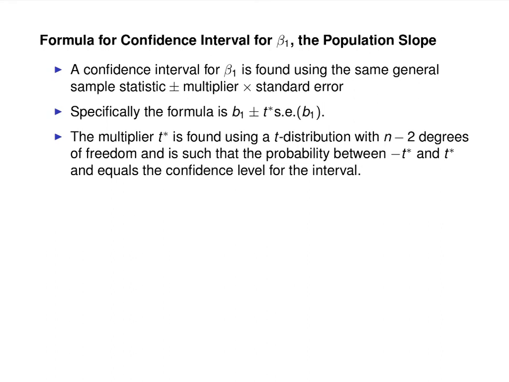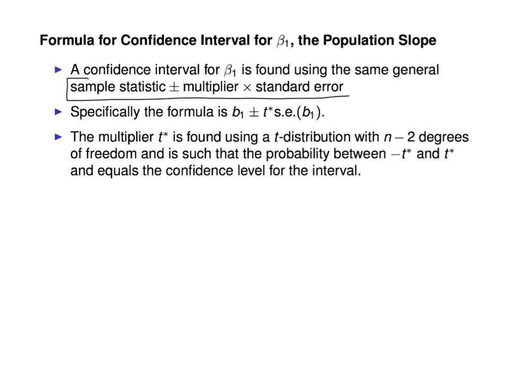Now, a more useful thing, I think, is talking about confidence intervals for slope, because confidence intervals tend to give you an idea of what the spread might be. So I think that they're more useful to help with understanding. So a confidence interval for the true slope is found using the same general principle as we did in chapters 10 and 11.